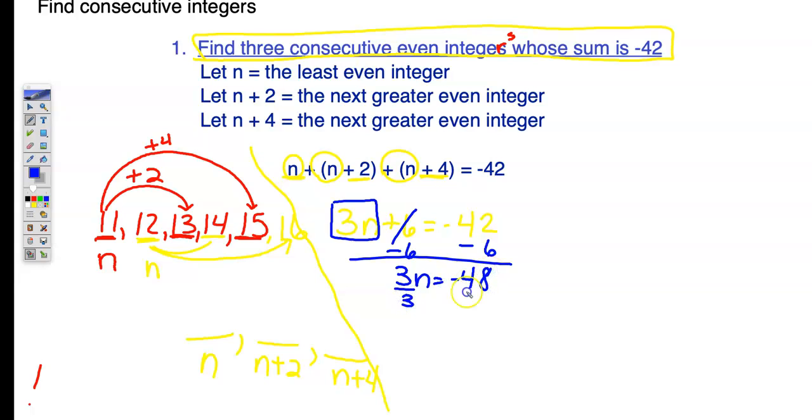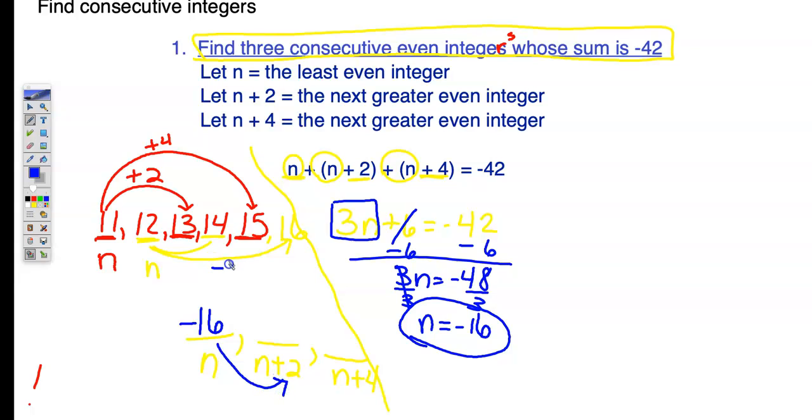We divide both sides by 3. We end up with n is negative 16. So that basically means our first number in our missing set of 3 numbers is negative 16. Now if we take negative 16 and add 2 to that, negative 16 plus 2 is negative 14.